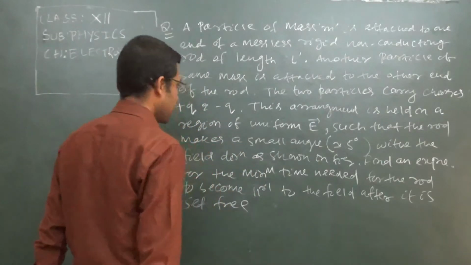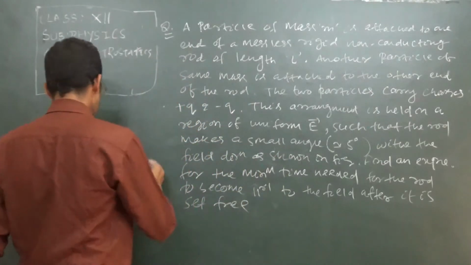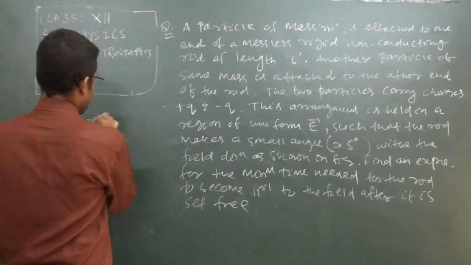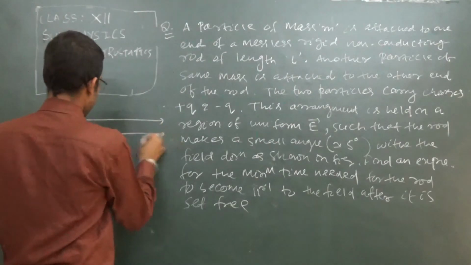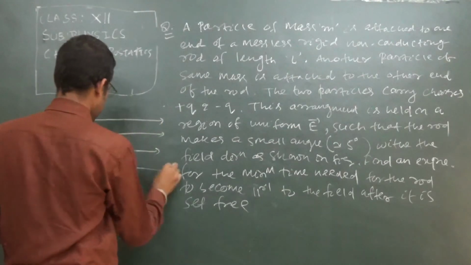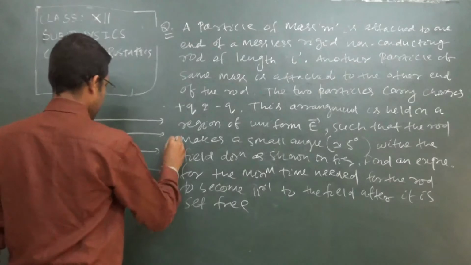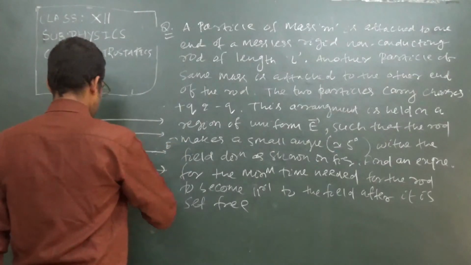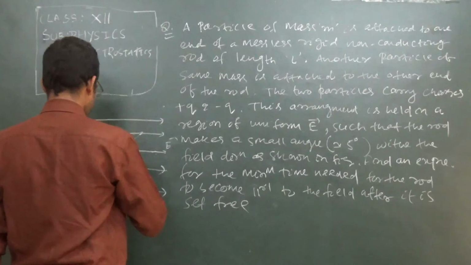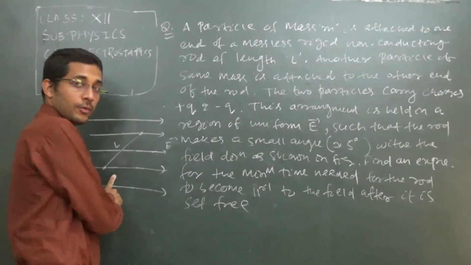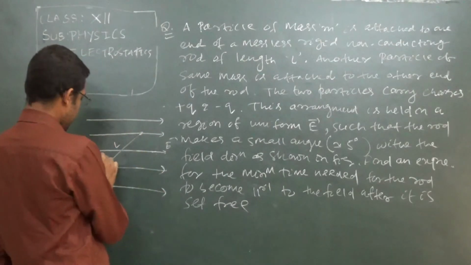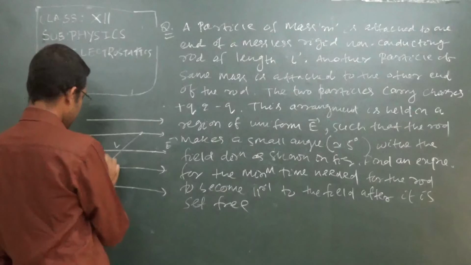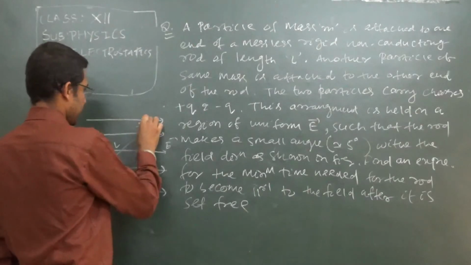It is set free. So the figure shows what we are going to get: there will be one electric field, and the electric field must be uniform, and two masses m1 and m2 are tied at the two ends and they contain two charges, let us say minus q and plus q here, like this.